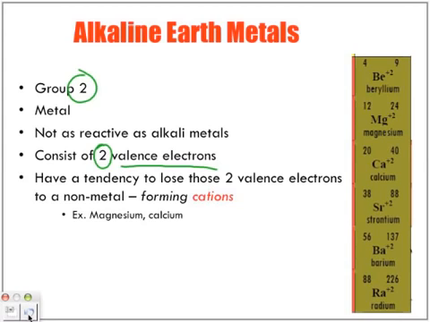Like I said, a hint. 2 valence electrons that can be lost. They usually give them up. If they lose electrons, as all metals do, they form cations. A couple of examples here: magnesium and calcium. And notice the charge if you've got a good periodic table: +2 for all of these alkaline earth metals.